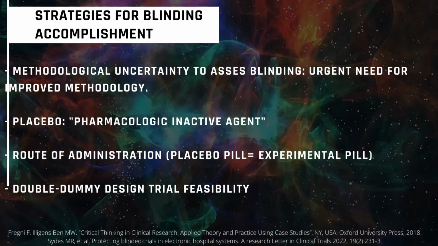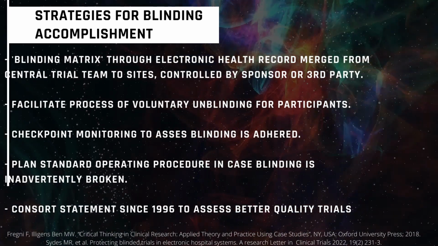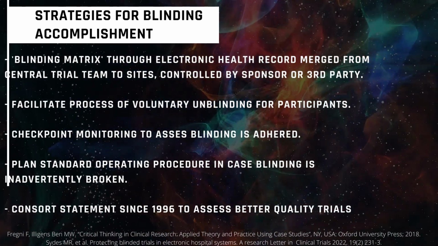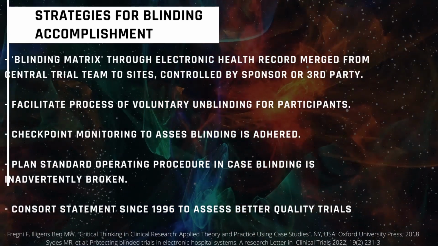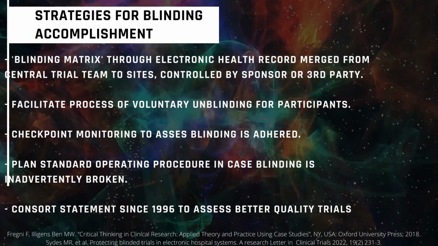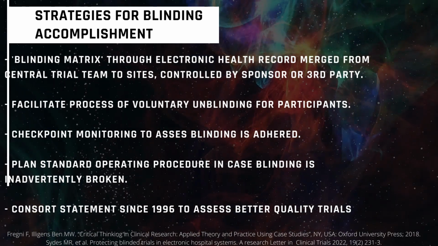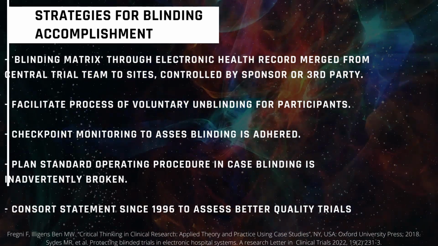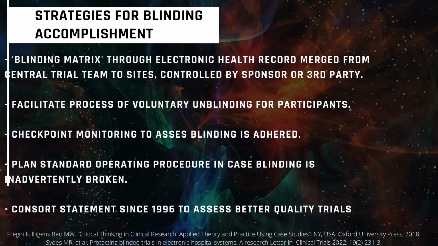If this is not possible, then we should try the double dummy design trial, and we will talk about it further. It's highly recommended to create a blinding matrix through an electronic health record that is merged from the central trial teams to sites, controlled either by sponsors or a third party previously agreed upon for the clinical trial.